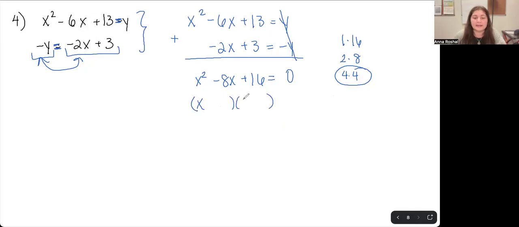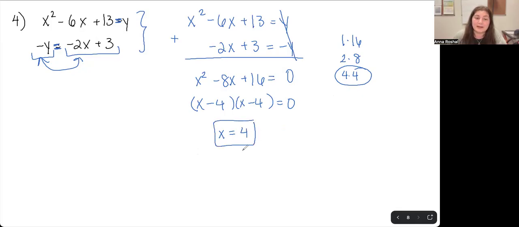So then I've got x times x is x squared, and then it's going to be -4 for both of them because I want it to be a -8. And then I'm going to solve: x is going to equal regular 4.